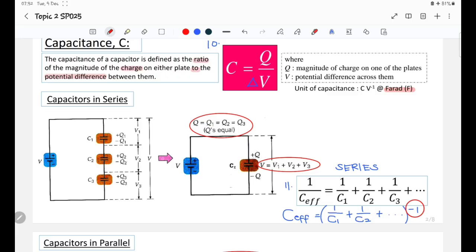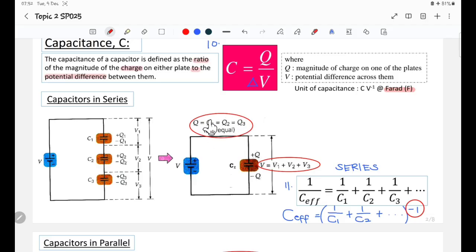If the capacitors are connected in series, that means all the charges accumulated on all the capacitors are equal. That is, Q total coming from the battery will be equal to the charge stored in capacitor 1, Q1, which is also equal to the charge in capacitor 2, Q2, and the charge in capacitor 3, Q3.